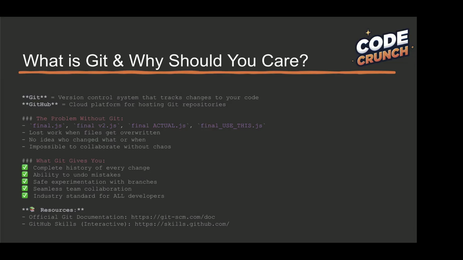What Git gives you is a complete history of every change, the ability to undo mistakes, experiment with different branches, which are like different parts of your code, and seamless team collaboration. Every developer knows Git and uses it. This is a standard skill used everywhere in the industry. I've included some resources for Git, including documentation and an interactive lesson by GitHub, which you'll find in the slide.